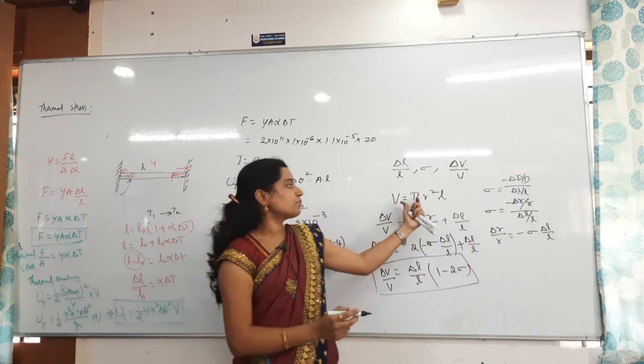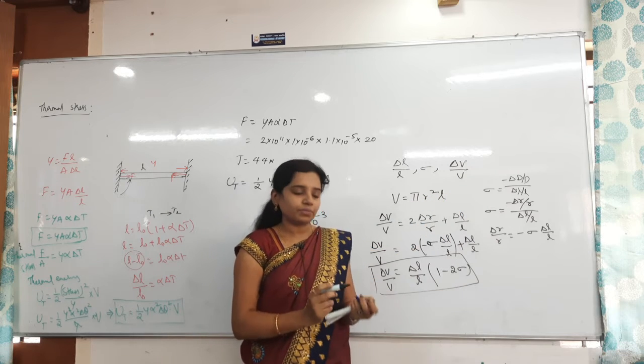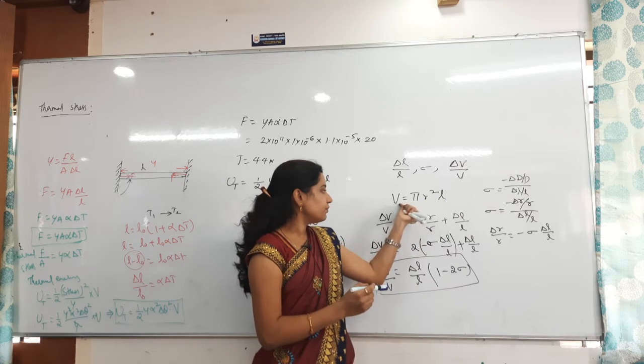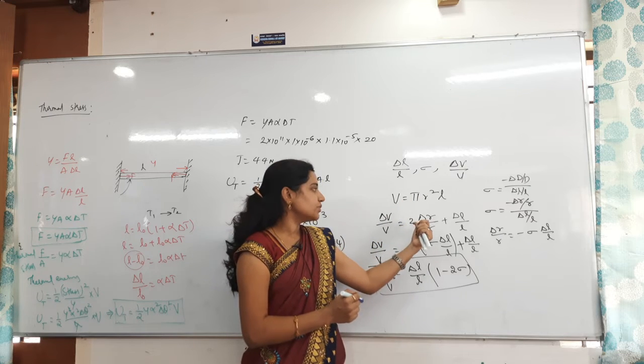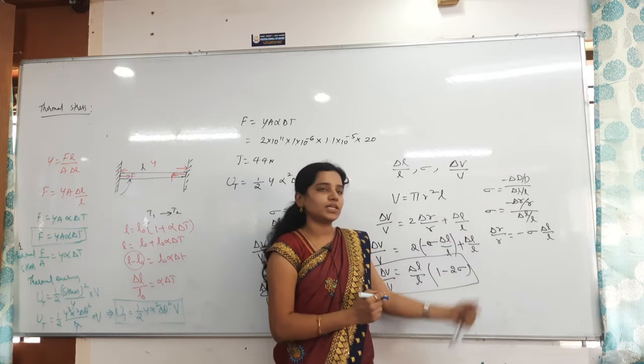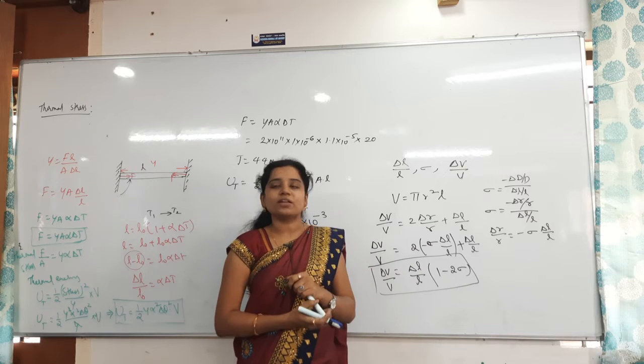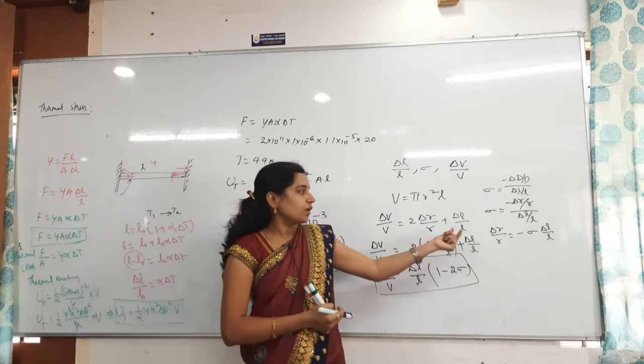Now V is equal to pi r square into L. From that, whenever you differentiate and apply the errors method, delta V by V is equal to 2 into delta R by R plus delta L by L. In the problem they will not give the radius, they will give only the longitudinal strain.